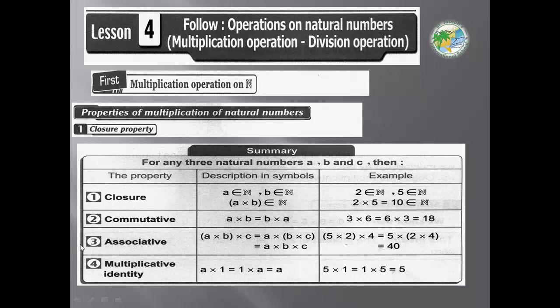The same for the multiplication operation, the multiplicative identity: which number multiplied by a number gives the same number. 5 times 1 equals 5, 100 times 1 equals 100, a million times 1 equals a million. Then the multiplicative identity is 1. The additive identity is 0, and the multiplicative identity is 1.